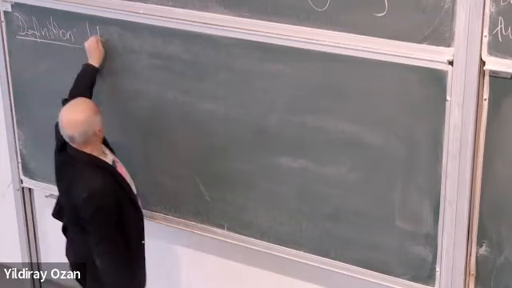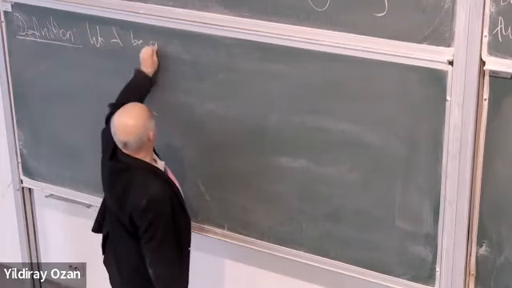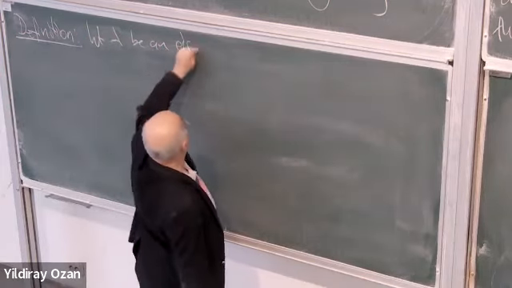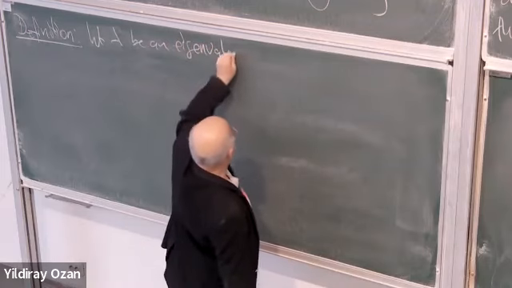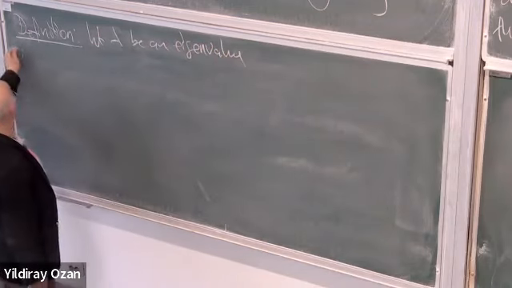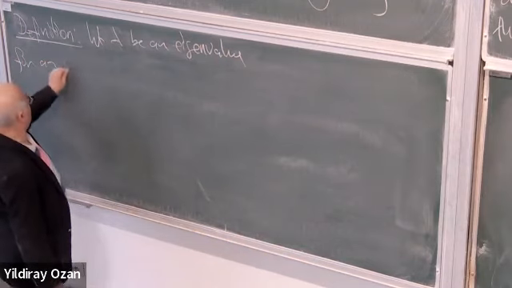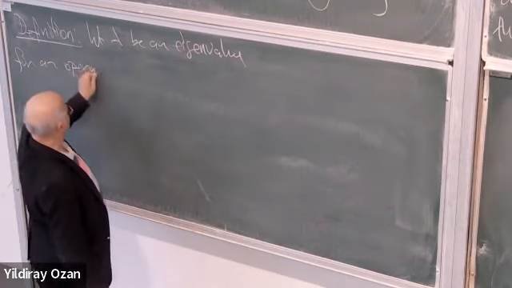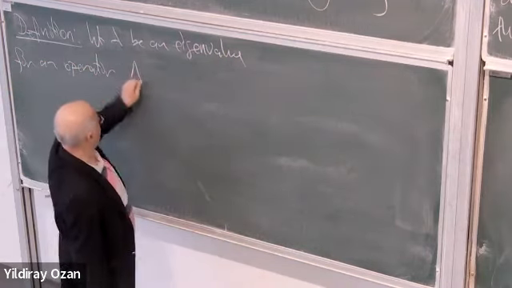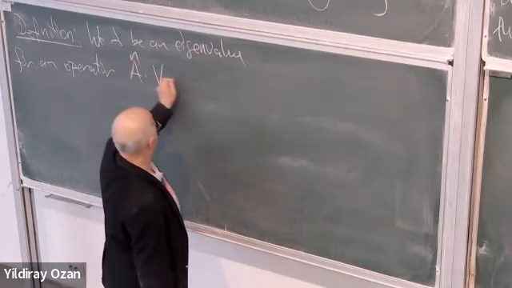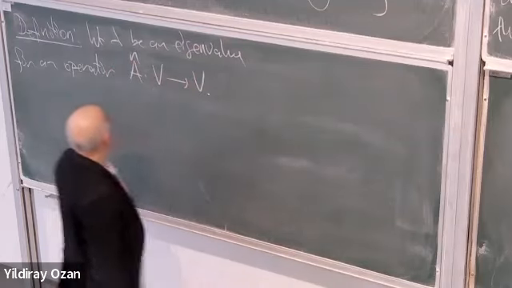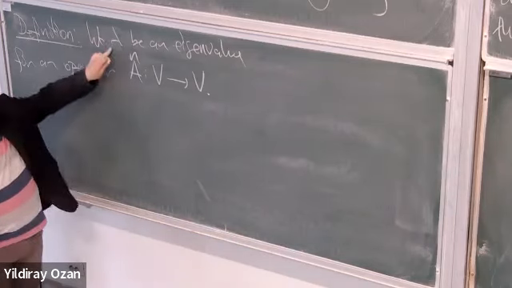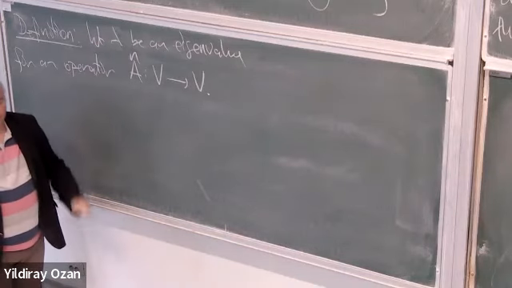So let lambda be an eigenvalue for an operator A hat. Since this is an eigenvalue, there is some eigenvector, right?